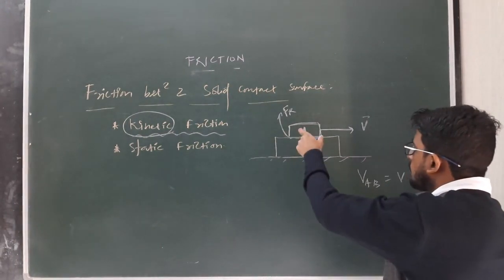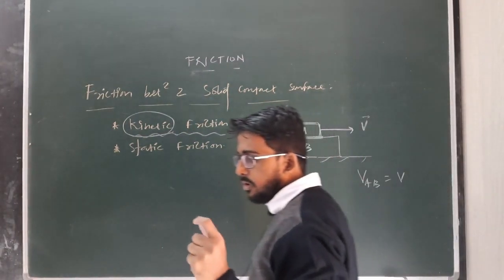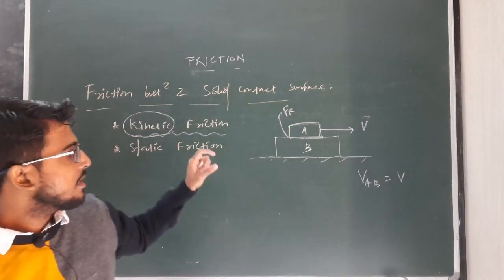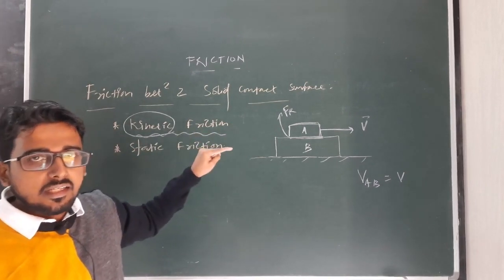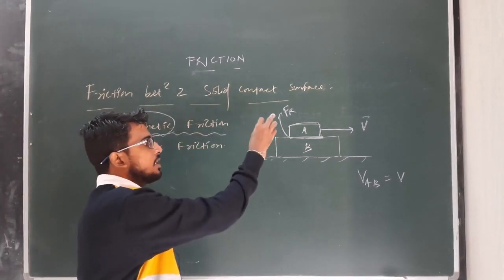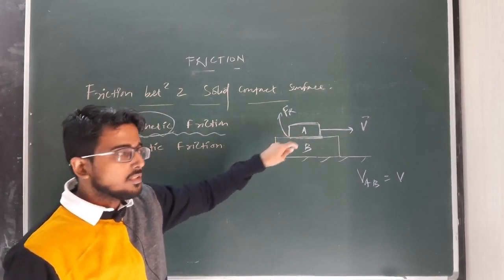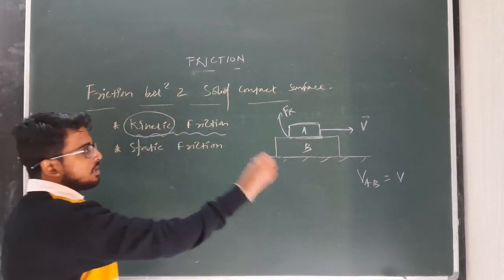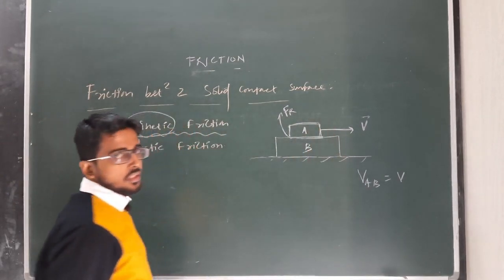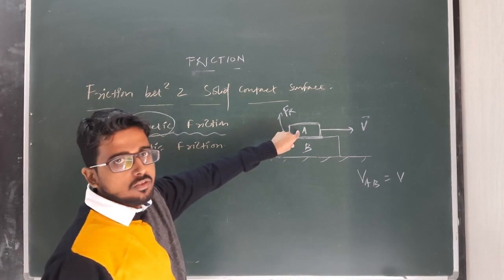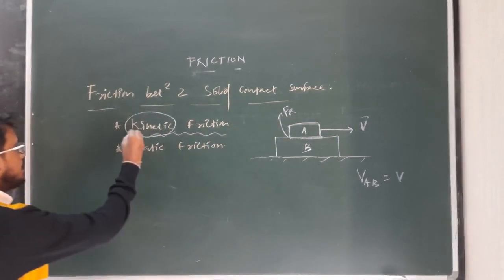Okay, because there is some motion between these two blocks. Okay, so whenever two blocks are in contact and there is a relative motion between these two surfaces or blocks, then at that instant the force of friction which is experienced by both the blocks at the region of contact is known as kinetic friction. So here the frictional force which is experienced by both the blocks due to the relative motion between these two blocks is known as kinetic friction. Okay, so kinetic friction is what?